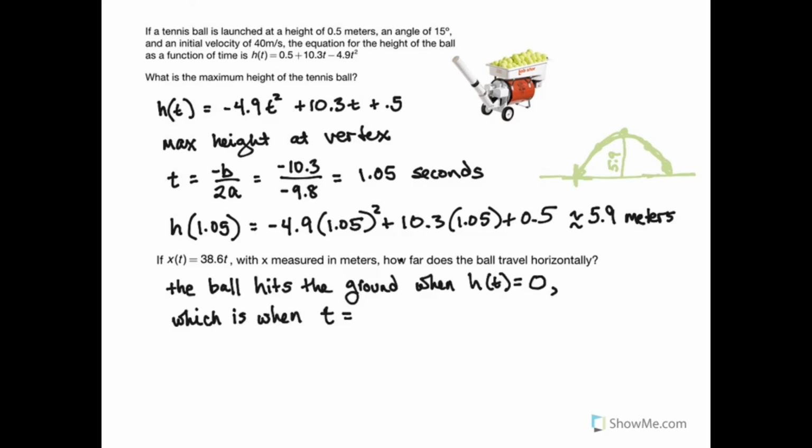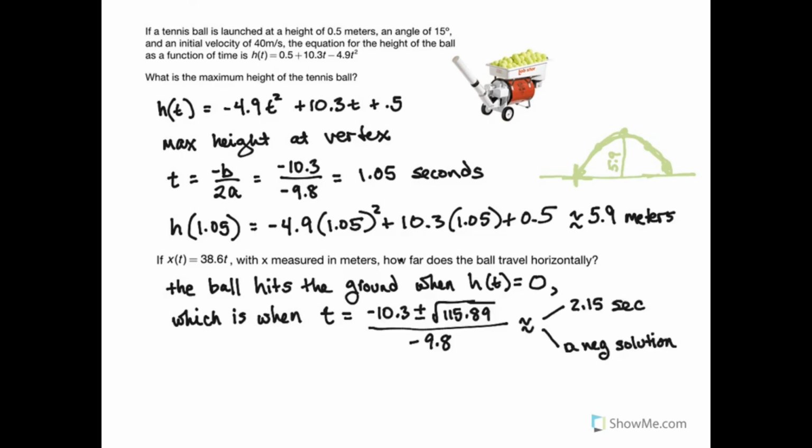To find t, I'm going to use the quadratic formula, and my two solutions have one a negative, which I'm not going to use, and 2.15 seconds. So when t equals 2.15 seconds, the ball hits the ground, and so I can find the displacement by putting 2.15 seconds into the x formula.